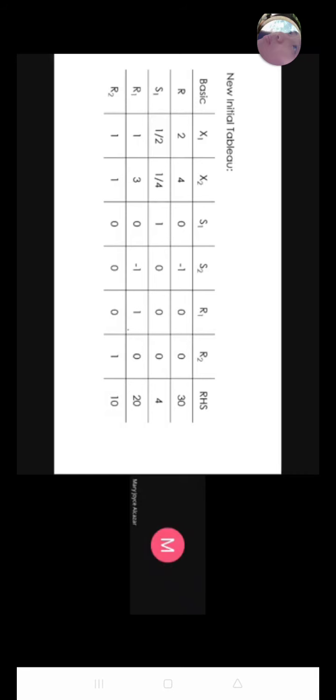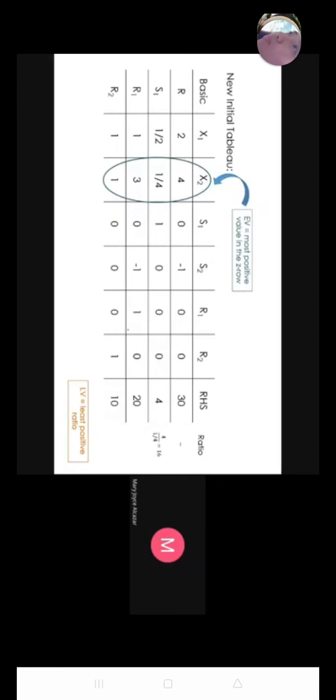Looking at our new initial tableau, our most positive value in the R row is 4. So x2 now becomes our entering variable. Then find the least positive ratio by dividing the RHS values by the corresponding values in the pivot column. For the R row, we don't usually use it as a leaving variable.